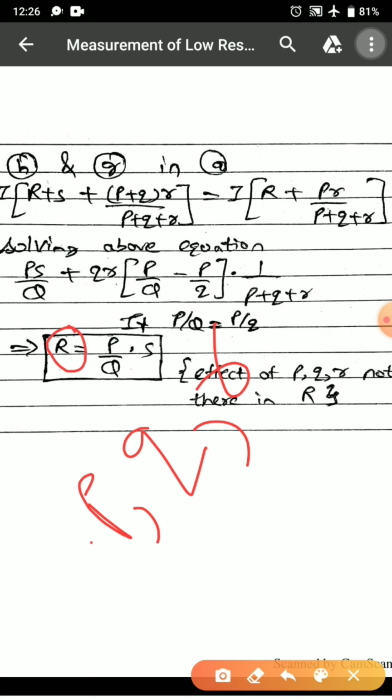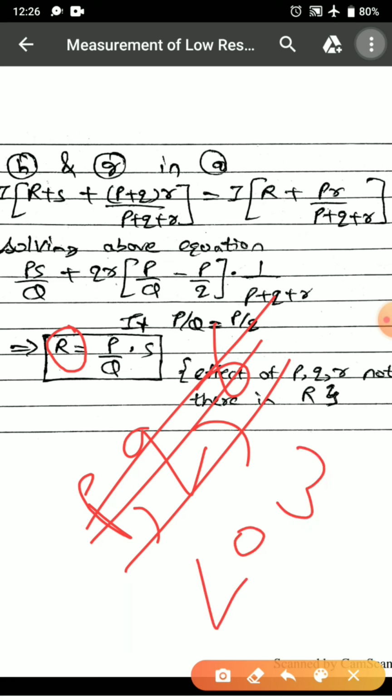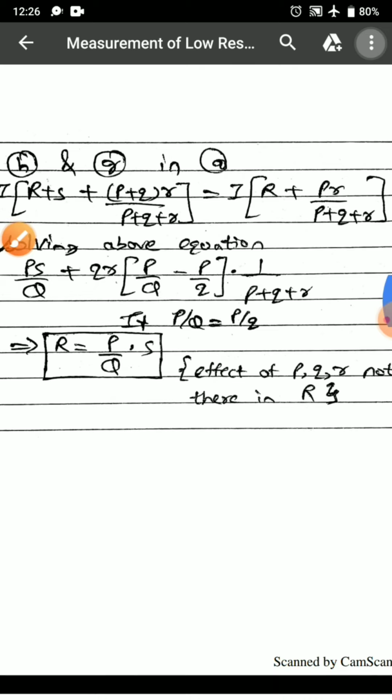So it clearly means that using Kelvin's double bridge we can eliminate the effect of the lead resistance in my bridge, and by eliminating the lead resistance, I can easily calculate the low resistance value using Kelvin's double bridge, which is a modification of the Wheatstone bridge.